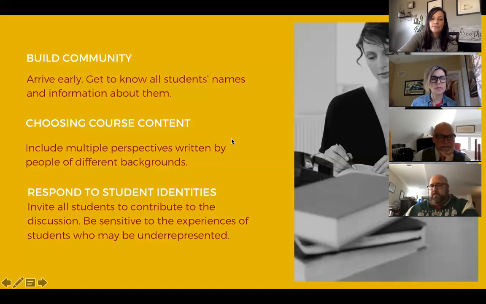That's something I've definitely done a lot of at the undergraduate level. One of the things I like to do is use journal articles to supplement readings, and I will put a picture of the author with the title page so that students can visually see the diversity in the authors and who's out there. And particularly when I was teaching more diverse classrooms, I felt that this was really important.